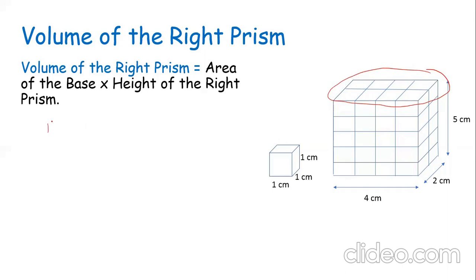So we can say that the area of the base is equal to 4 multiplied by 2, and this gives us 8 squared centimeters, meaning that the area has a space to fit 8 cubes on it. So by fitting 8 unit cubes on it, it means that we formed the first layer.